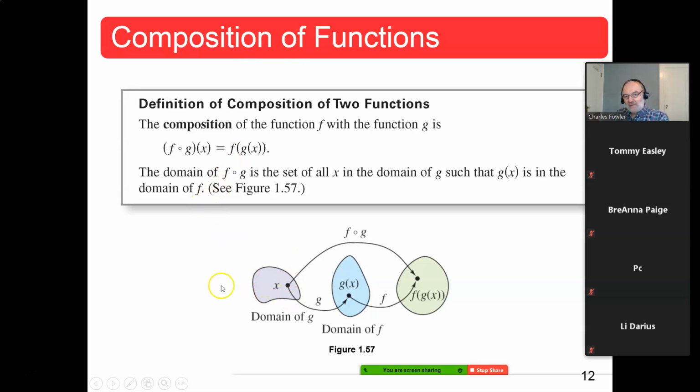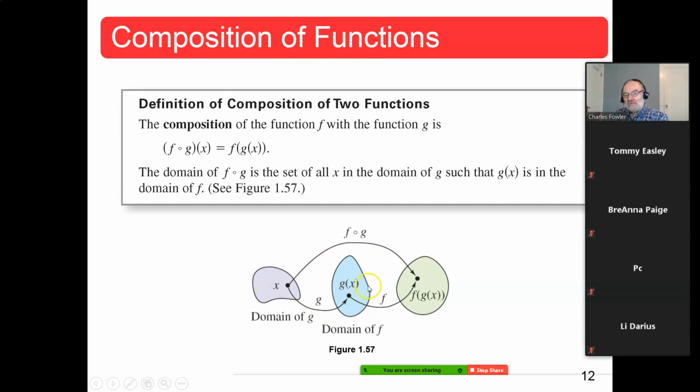If you start with some domain of F of G, the composition of F with G, also G, this is where you pull your values from to operate with G. So G operates on that and gives you a G of X. Well, then F doesn't come back here.